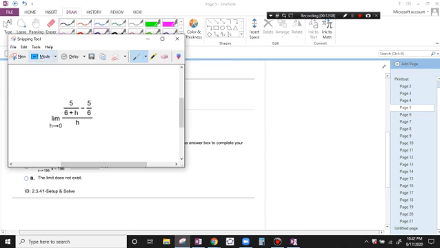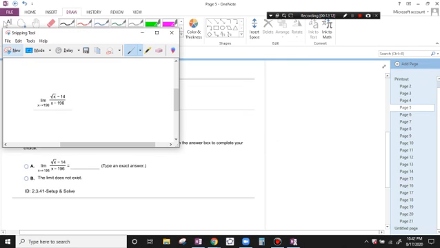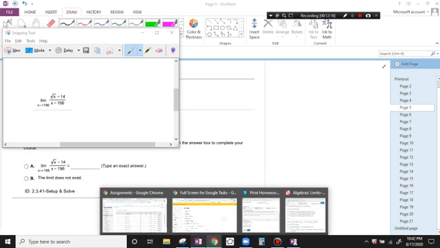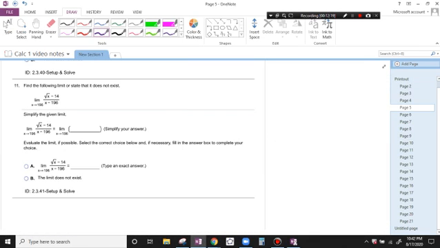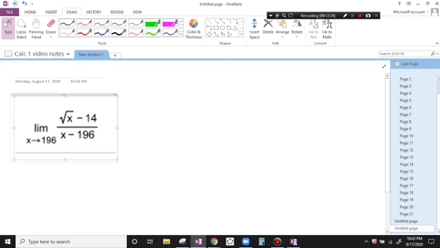Same thing here. We'll use a method called the conjugate. If you plug in 196 here, again, you'll get 0 over 0. And so that means that we will do some algebra, and the algebra here is called the conjugate. So we're going to multiply by the conjugate of the square root of x minus 14, which is the square root of x plus 14.